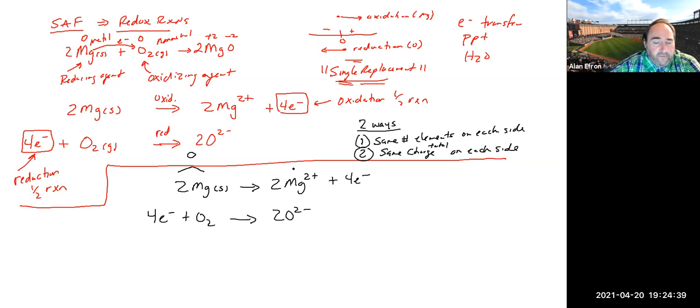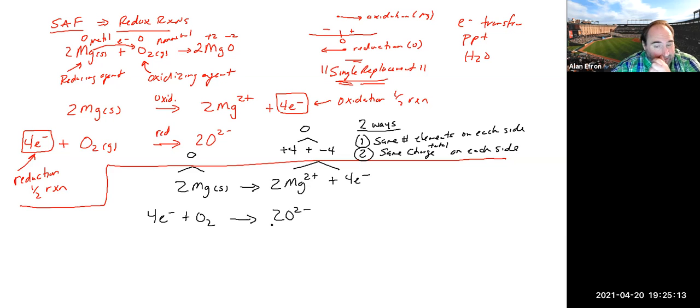When I look at the overall charge on the right-hand side of this reaction, 2 times plus 2 is plus 4. 4 times minus 1 for the electrons is minus 4. When I add those together, I end up with 0 as well. So the charge on the left-hand side of my half reaction for magnesium is 0, and the charge on the right-hand side is 0 as well. And that's always something that you want to make sure that you achieve.